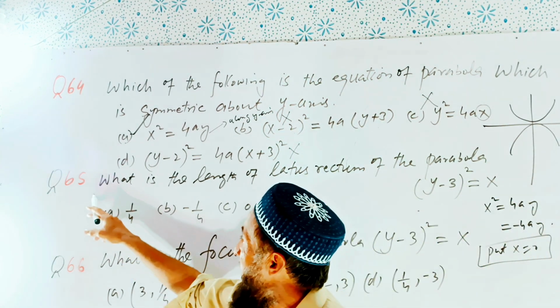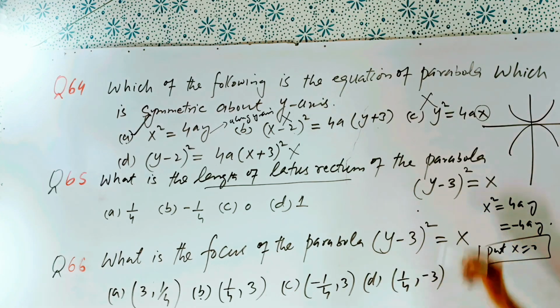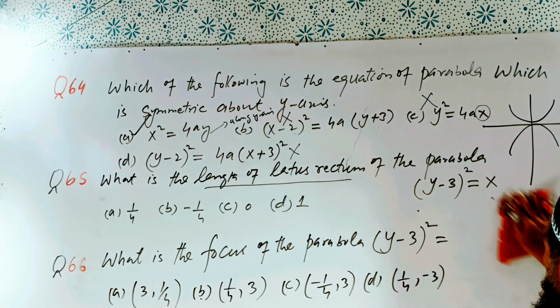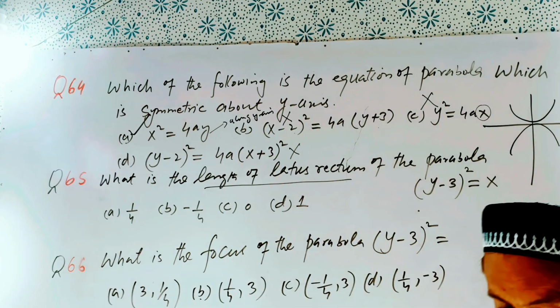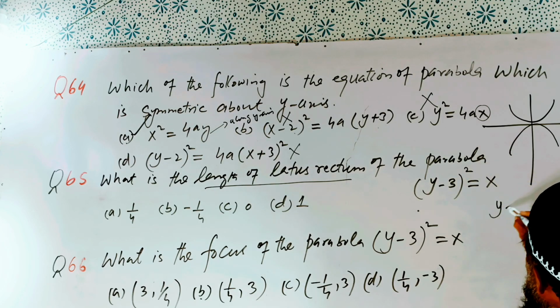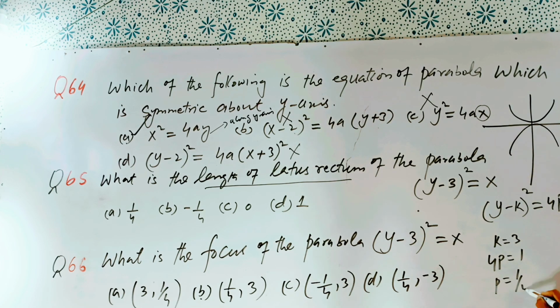Question number 65, what is the length of the latus rectum? As we know, the question is given: y minus 3 whole square. If we compare with this standard form, 4p times x minus h, here k is equal to 3 and 4p is equal to 1, so p is equal to 1/4 and h is equal to 0.